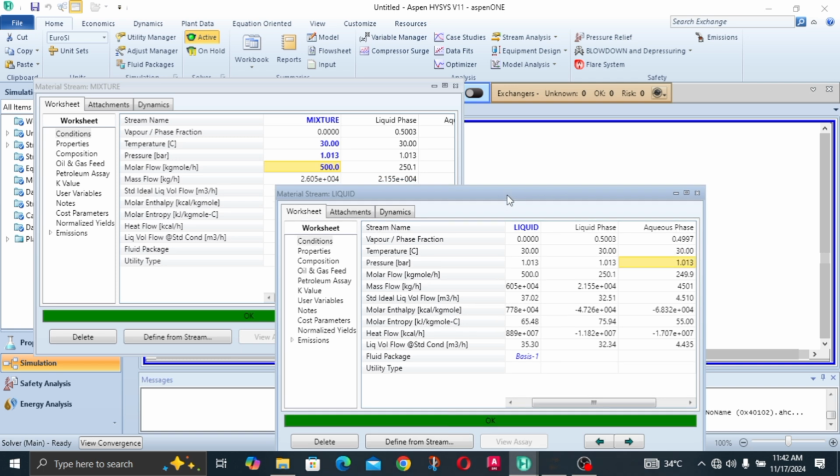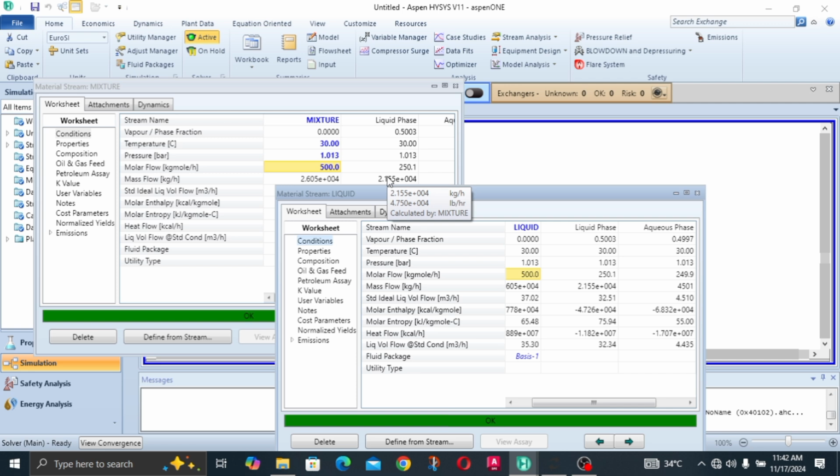As you can see, the flow rate at the liquid outlet is the same as the flow rate that went inside. It's more like the continuity equation: what goes in is equal to what comes out, provided there are no accumulations or losses in the system. Remember, Aspen Hysys works with the assumption that there are no losses or accumulation within a system. So what goes in is equal to what comes out.